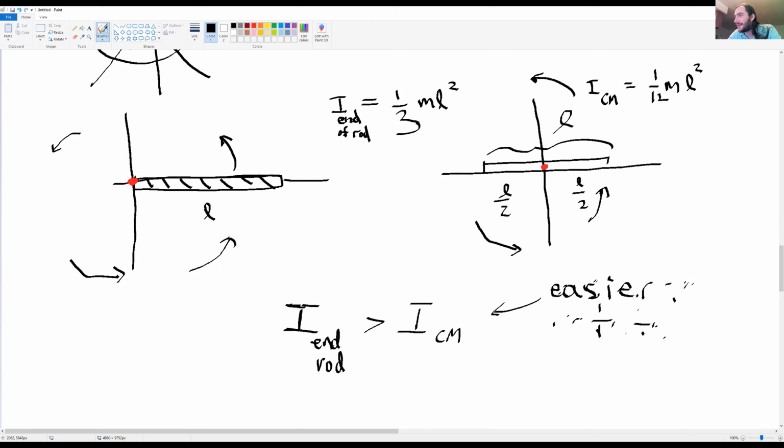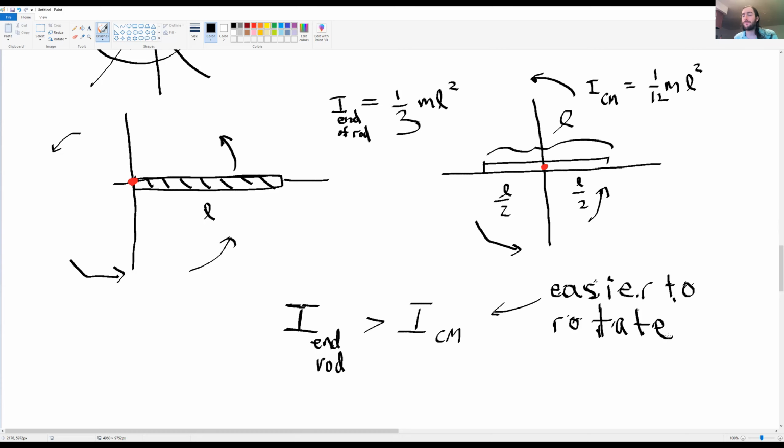Easier to rotate about the center of mass. That's the whole point here. Is that always true? Is it always going to be easier to rotate about the center of mass?